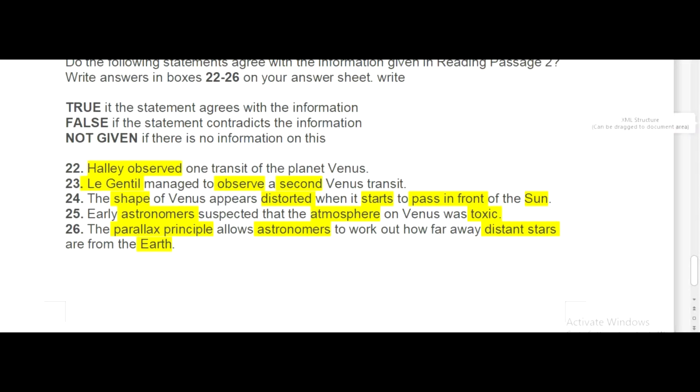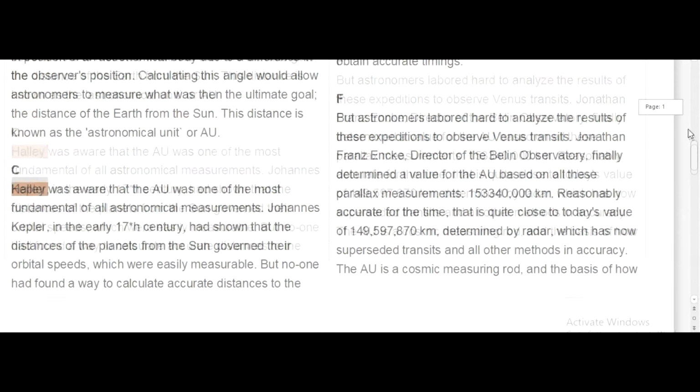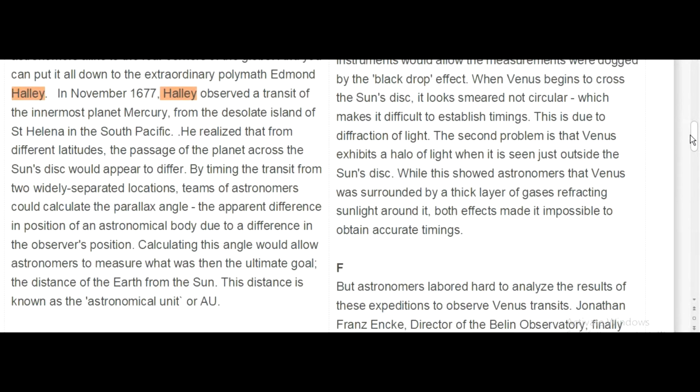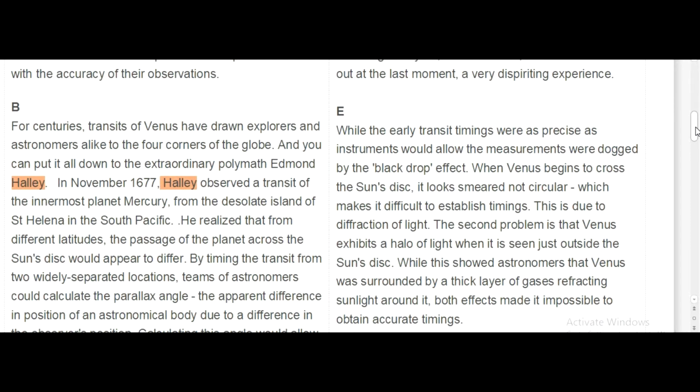Now I'm going to scan for keywords like observed or Venus transit.